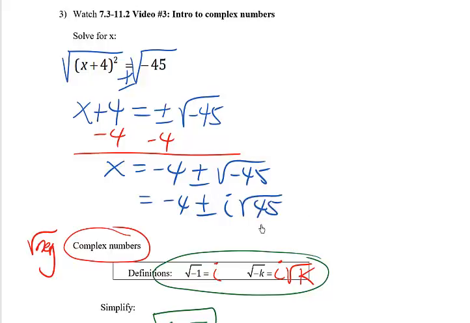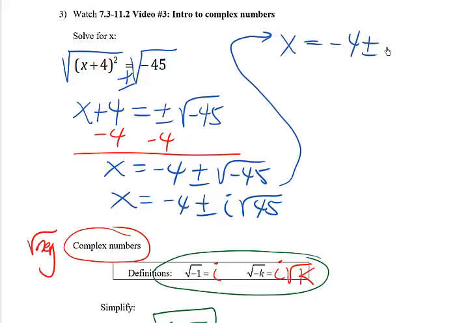But the square root of 45 can be broken down further. 45 has a perfect square that goes into it. And so I can break that into the square root of 9 and the square root of 5, right? 9 times 5 is 45. The square root of 9 is 3.